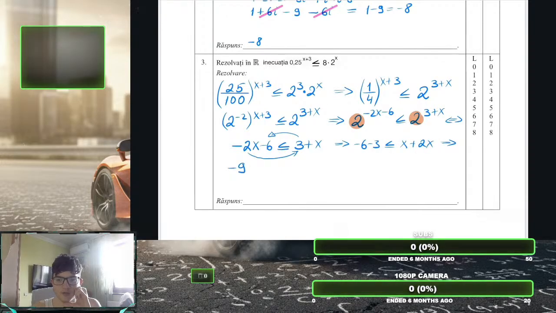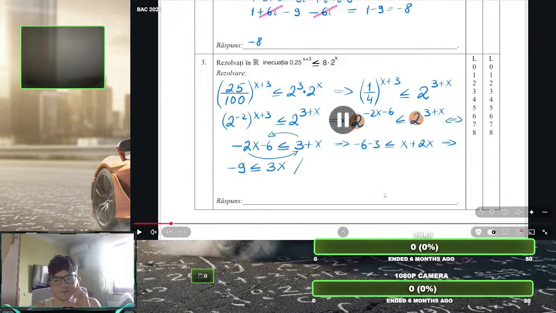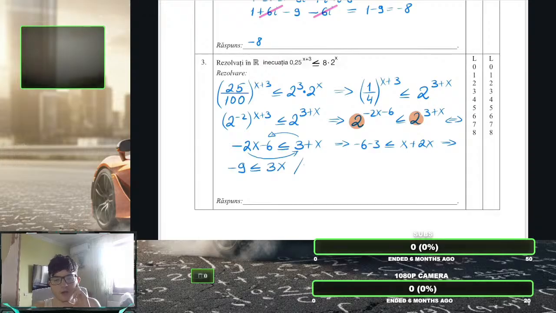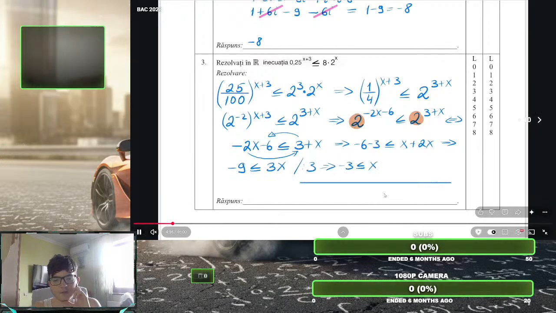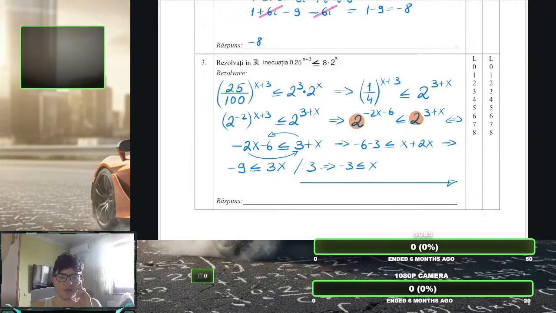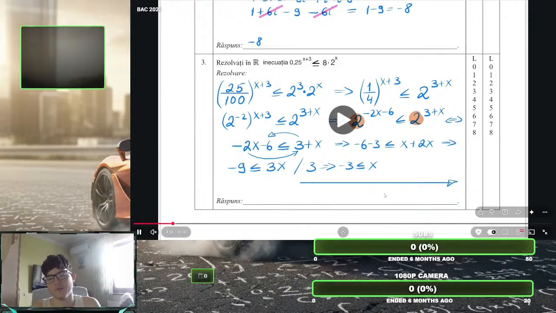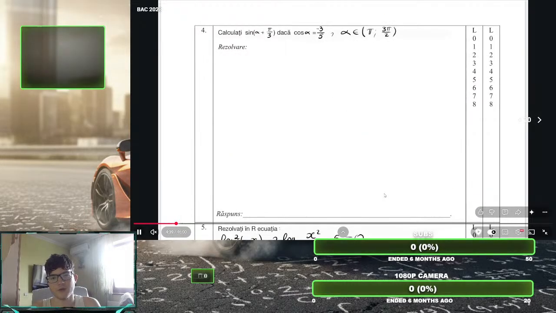So you have to switch like this. So x is going to be minus 3, right? But actually we don't calculate what it's going to be, just minus 3 is smaller, so x goes from minus 3 till plus infinity, with minus 3 included, so easy as day.